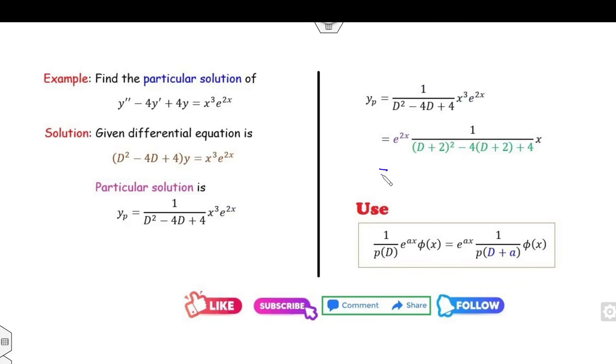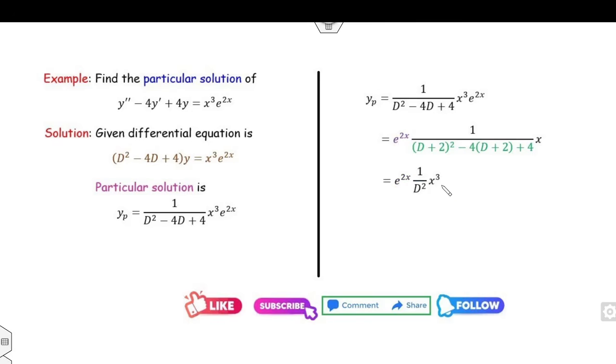Now open this bracket and simplify: D square plus 4D plus 4, plus 4D minus 8D, plus 4, into x cube. What will happen? The 4D terms cancel, 4 plus 4 cancel with minus 8. So 1 over D square is what remains.